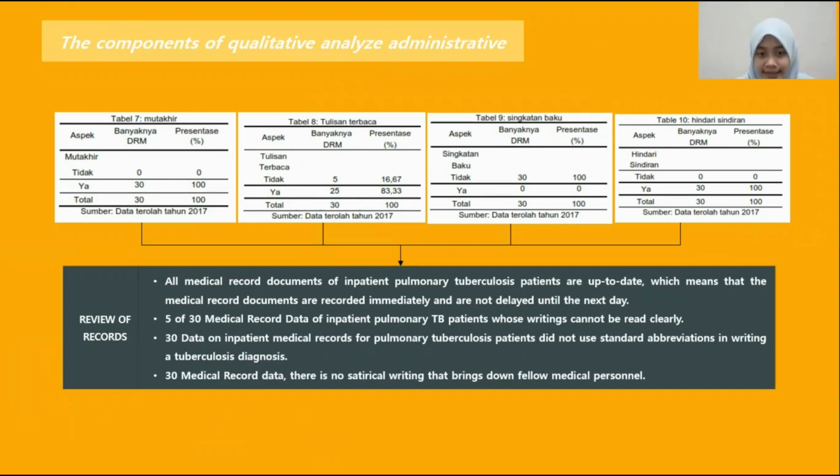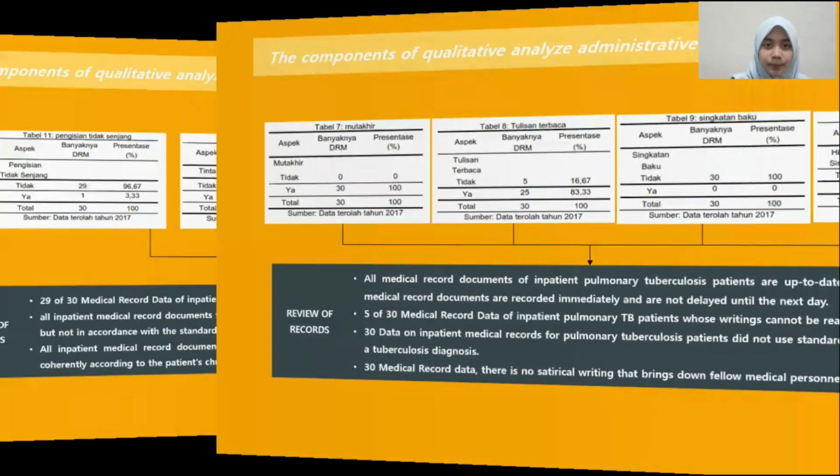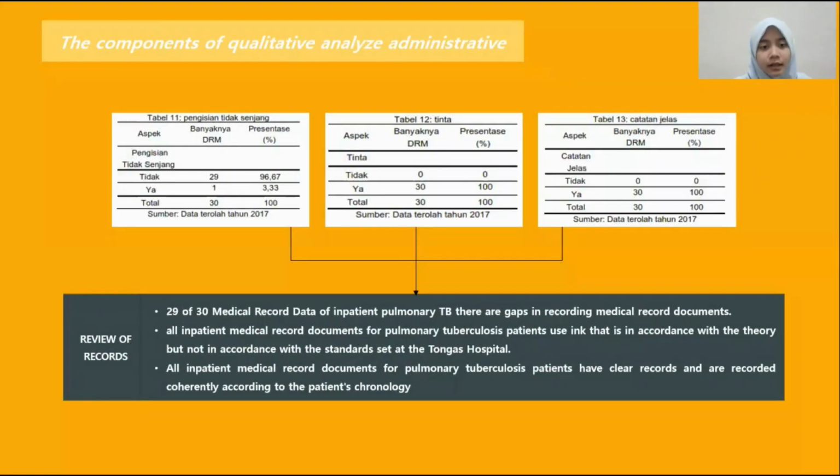In 30 medical record data, there is no satirical writing that brings down fellow medical personnel. Next, in 29 of 30 medical record data of inpatient pulmonary TB, there are gaps in recording medical record documents.